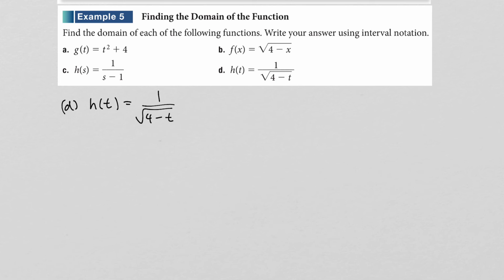Okay, so what I'm saying is 4 minus t must be positive, right? It cannot be negative, but it also cannot be 0. So what I'm really saying here is 4 minus t must be greater than 0. That's what it means to be positive.